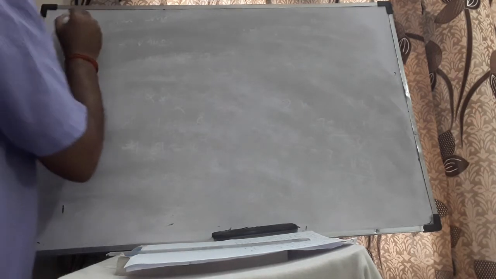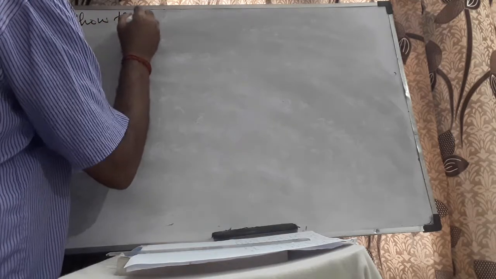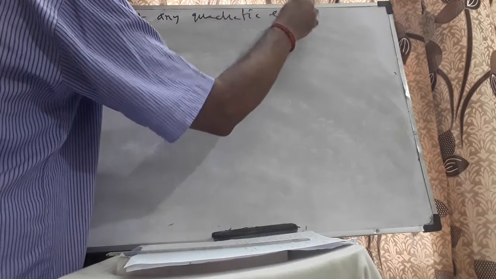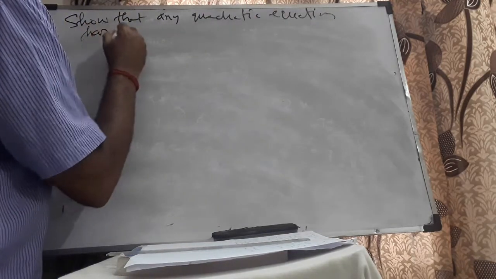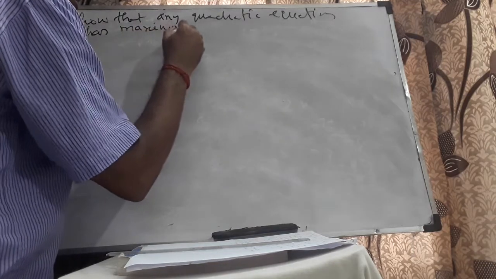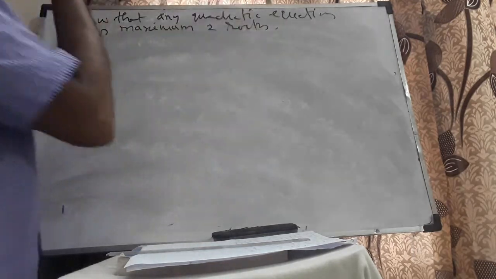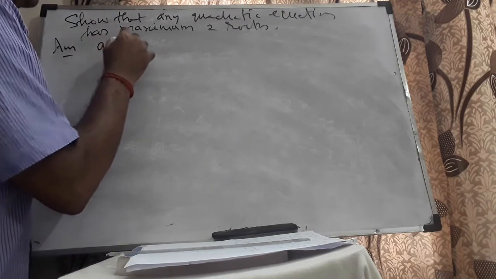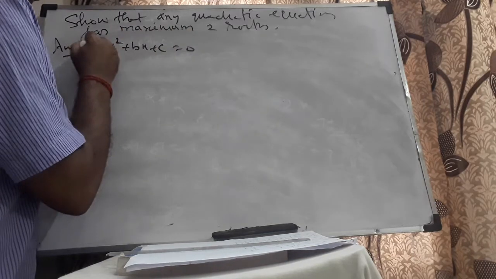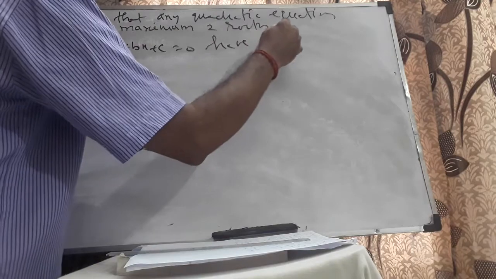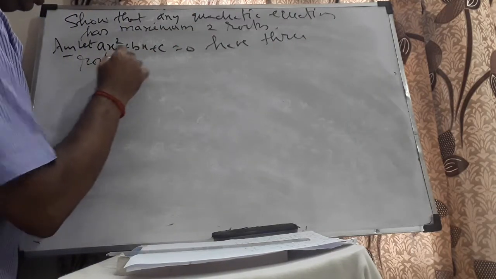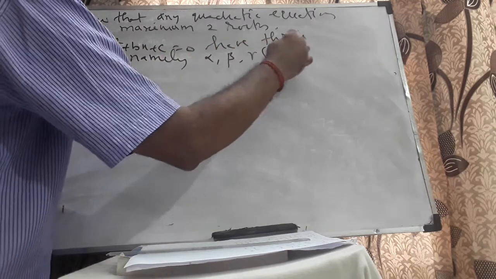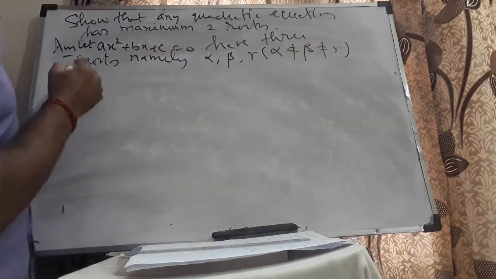Show that any quadratic equation has maximum 2 roots. You can't have more than 2 roots, or at most 2 roots, either way you can write. Let ax square plus bx plus c is equal to 0 have 3 roots, namely alpha comma beta comma gamma, with alpha not equal to beta not equal to gamma.